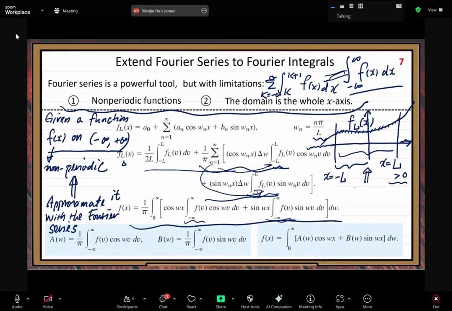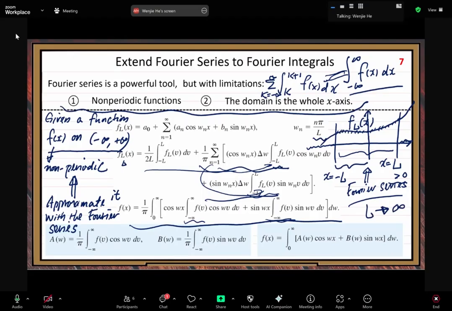So now it's legal to represent these functions by its Fourier series. It's legal, okay?